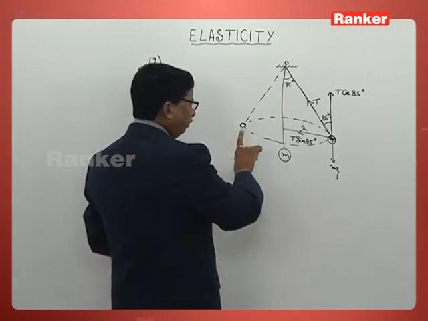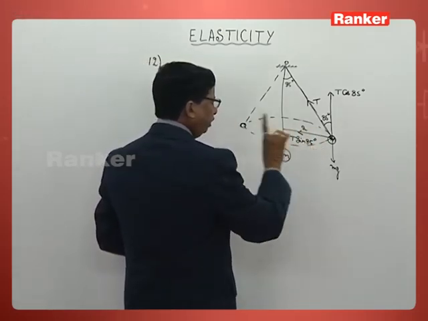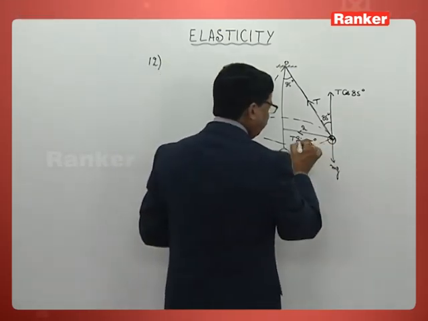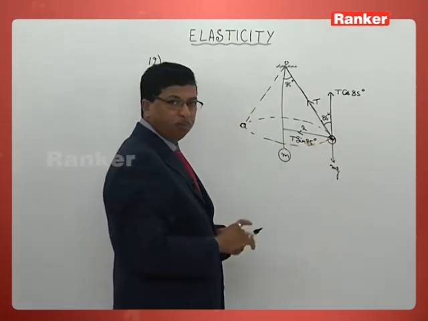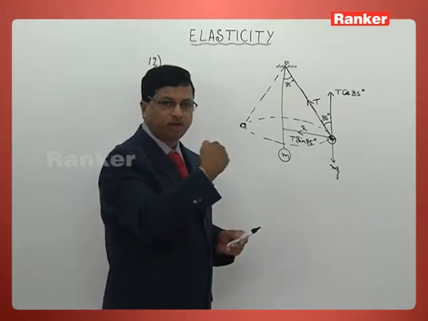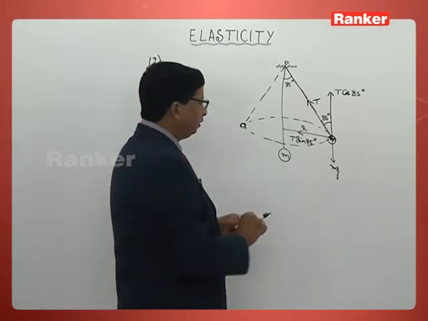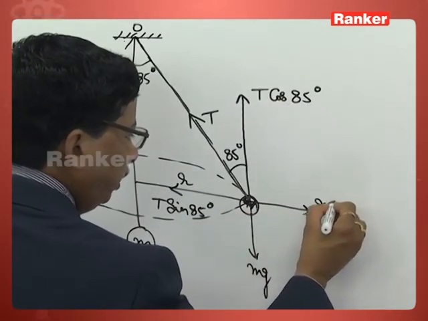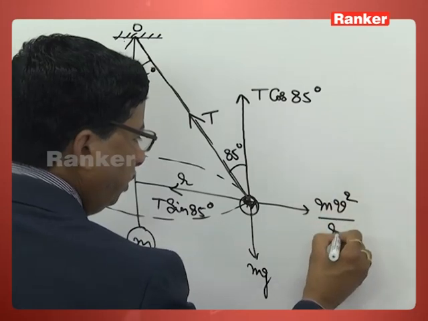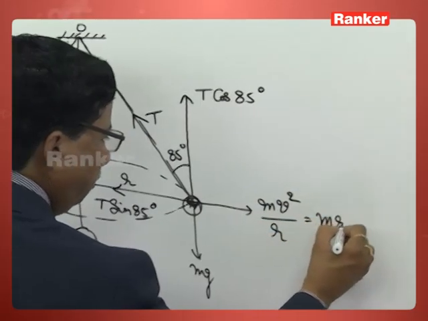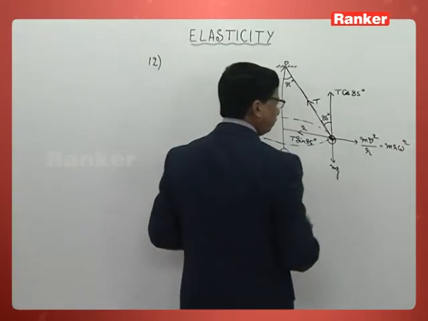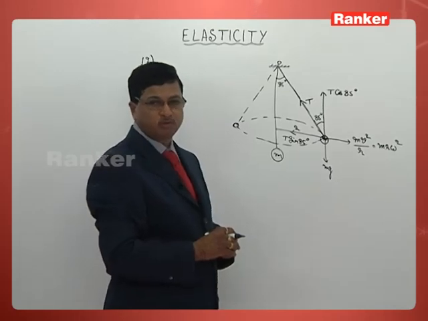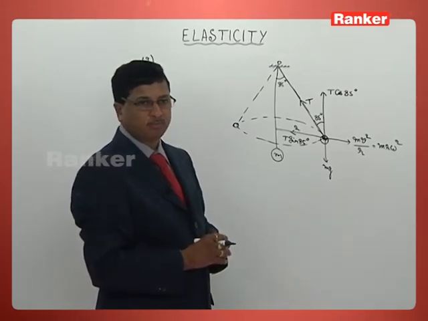But when you imagine the body is moving in a horizontal circle as given in the problem, certainly this T sin 85 becomes the centripetal force acting on that body. That now should be compensated by mv square by r, or you can even write mr omega square, which of course is the so-called centrifugal force acting on the system.